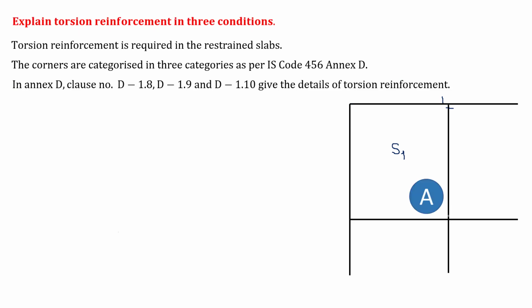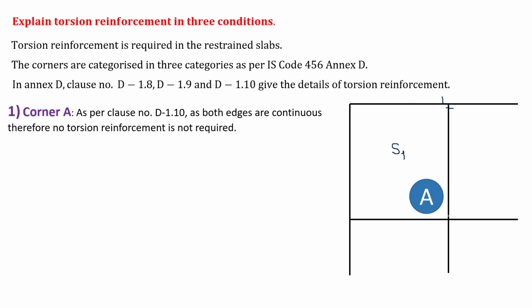Now I will mention corner A, where both edges are continuous, and therefore no torsion reinforcement is required. This is given in D-1.10. Whatever torsional moment is developed by this slab will be balanced by this slab.